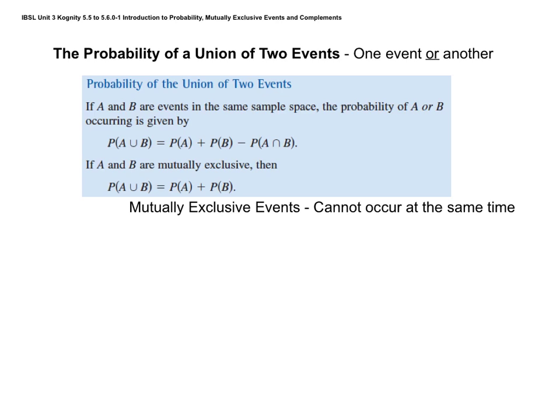It says if A and B are events in the same sample space, the probability of A or B occurring is given by the probability of A union B, union means or, and that equals the probability of A plus the probability of B minus the probability of A and B.